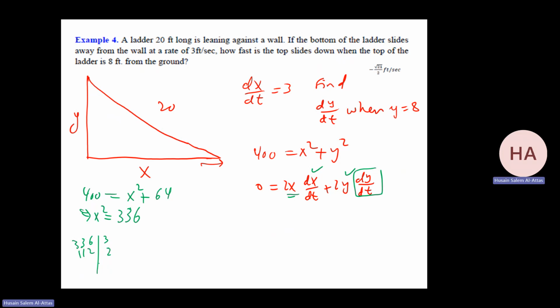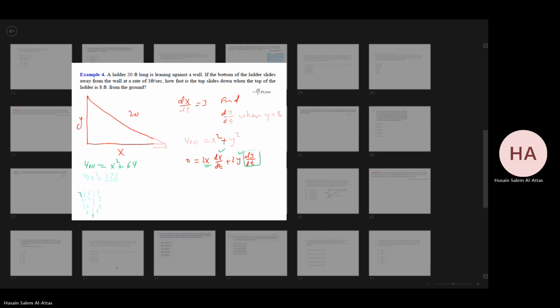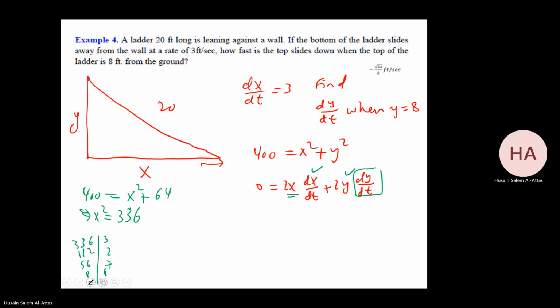So x will be the square root of 3 times 7 times 2 to the power 4, which is 4 square root 21.